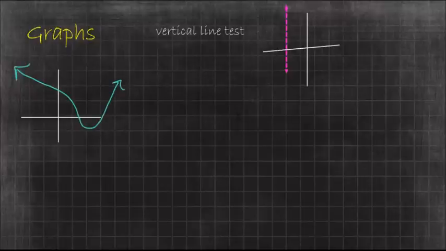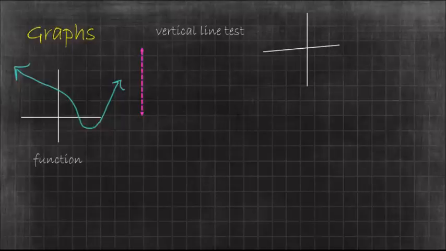Now, what I'm looking for to decide if this is a function is I want to be able to take a vertical line and move it all the way across my function, and see if the pink line is going to touch my picture anywhere twice. Now, since these arrows kind of go forever, you'll notice that my vertical line does not touch anywhere twice. This is a function because it only hits one time.